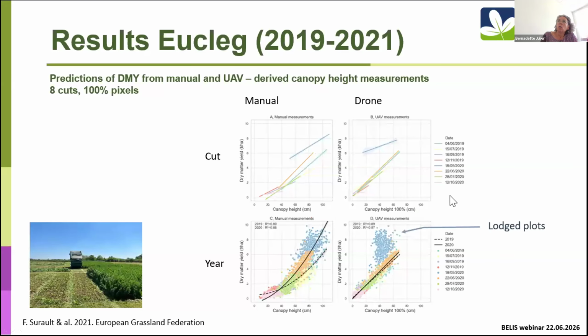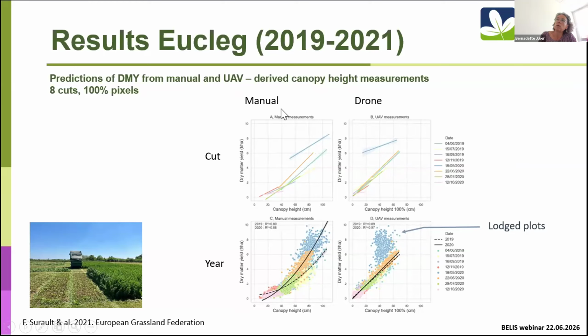We have also used this imagery to try to predict the dry matter yield. Here you have a representation of the correlation between canopy height and dry matter yield. On the x-axis you have the canopy height, and on the y-axis you have the dry matter yield.